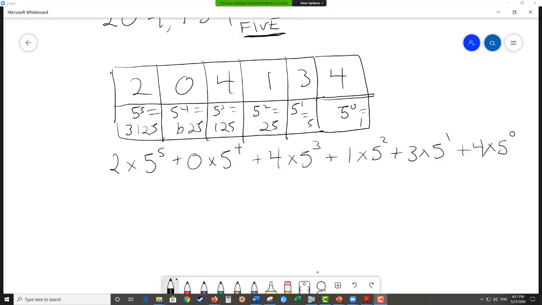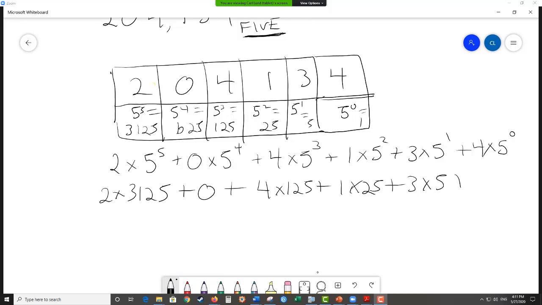So 2 times 5 to the 5th, that is 2 times 3,125. I'll just put a 0 here now because I have my other stuff. 5 cubed is 125, so it's going to be 4 times 125. 1 times 25 plus 3 times 5 plus 4 times 1.